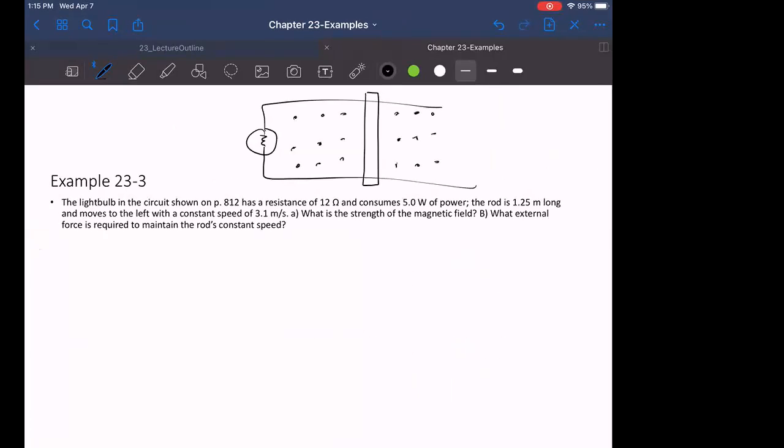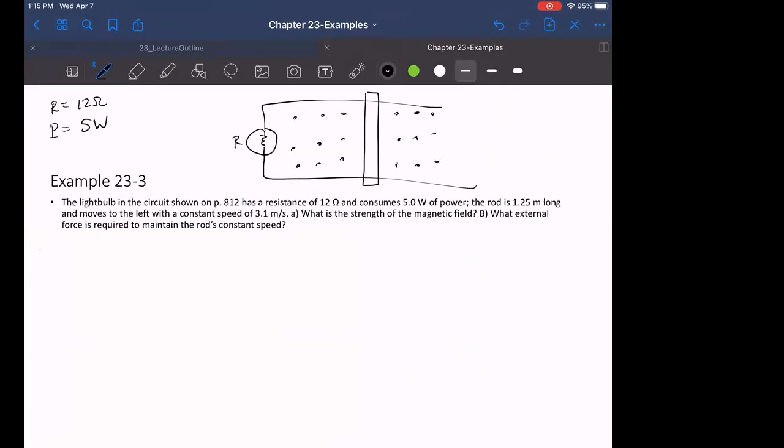And we know that we have a resistance of 12 ohms in the light bulb, and it consumes 5 watts of power.